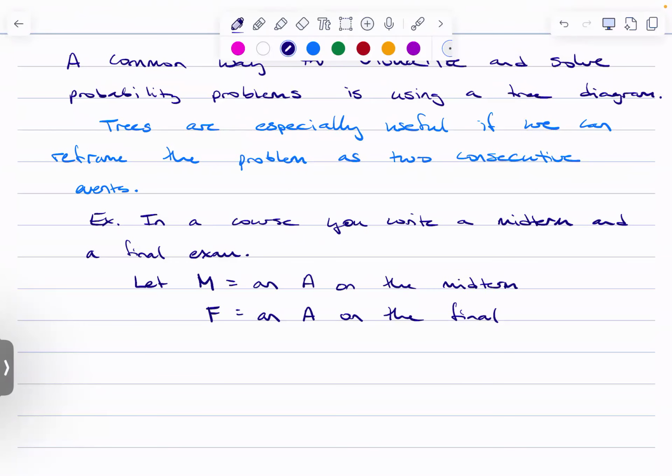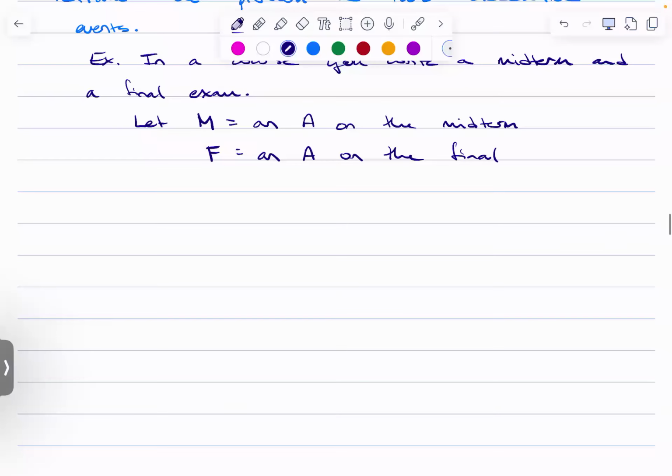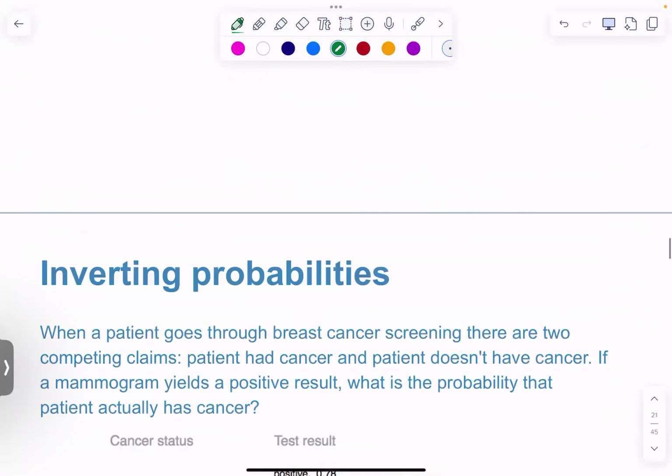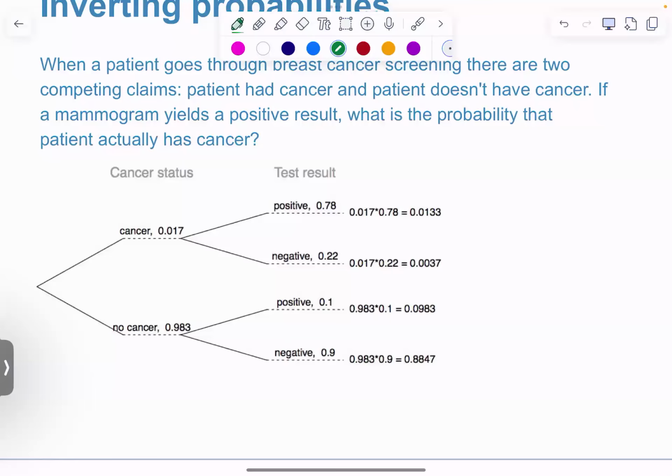Now, to introduce this tree diagram, I'm going to draw it, and then we're going to talk about it. It might look something like this. First thing, in general, you have your first event denoted by 2 branches. I like to do my tree, kind of an upside down tree, from top to bottom. You'll see in the textbook, they do it beautifully, kind of off to the side.